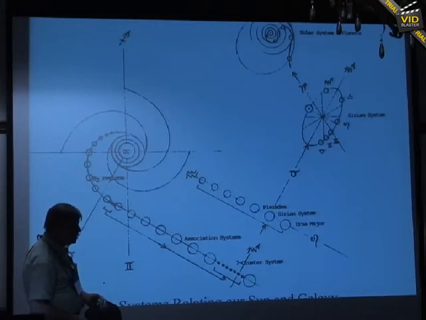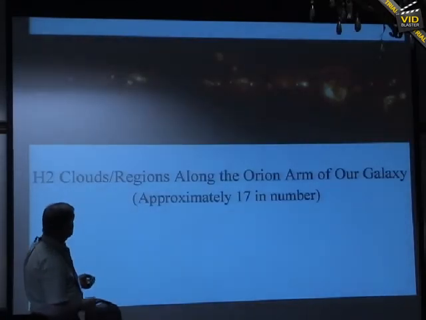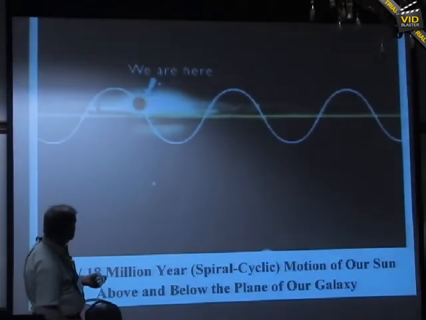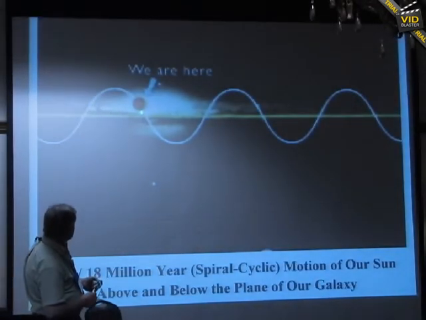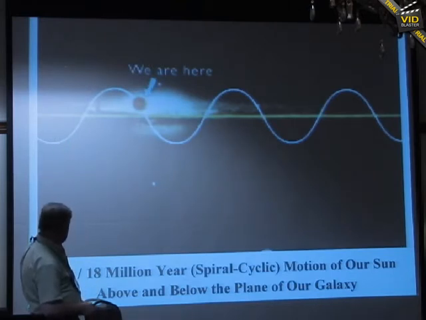And it looks like 7 suns are coming out of that Orion system too. So there's a lot of questions to be asked. Anyway, these are the clouds on the Orion arm as they were depicted. And here's the movement of the sun north and south across the galactic plane, taking 9 to 18 million years.